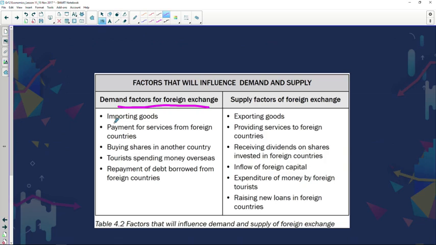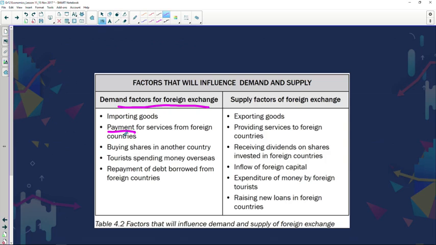If a country provides us with a particular service and now we have to pay them, obviously this will create a demand, because we need to pay them in their currency, and therefore we need to exchange our own currency to theirs in order to pay for the service that they have provided to our country.